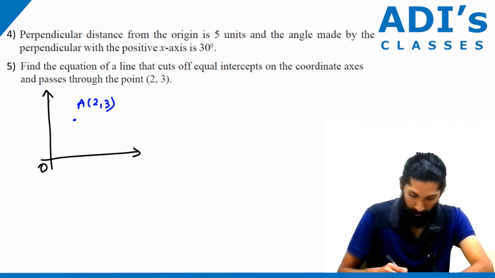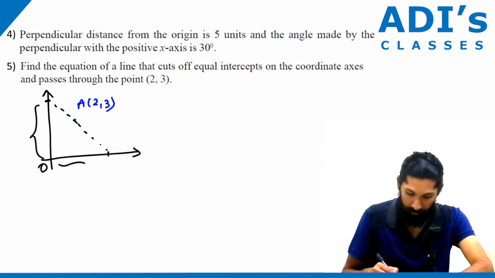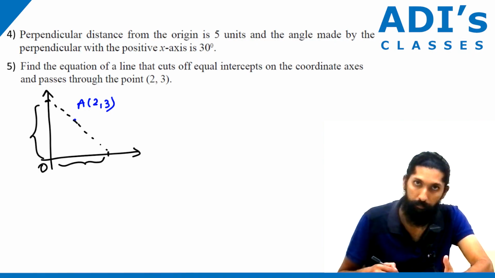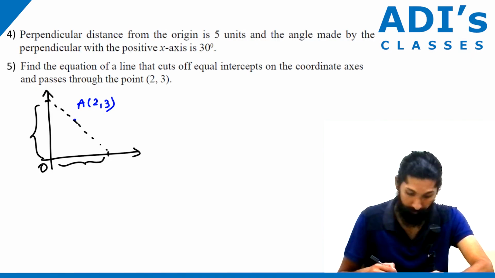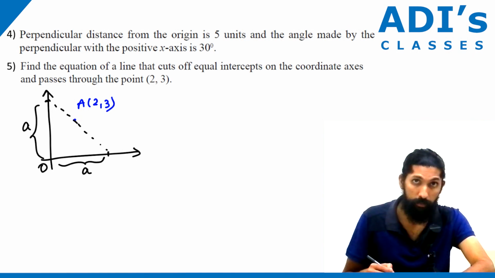We'll say from here the line goes, and this point and this point, they have equal intercepts. Make sense? Correct. Now, if they're equal intercepts, suppose if this is a, even this will also be equal to a, isn't it?